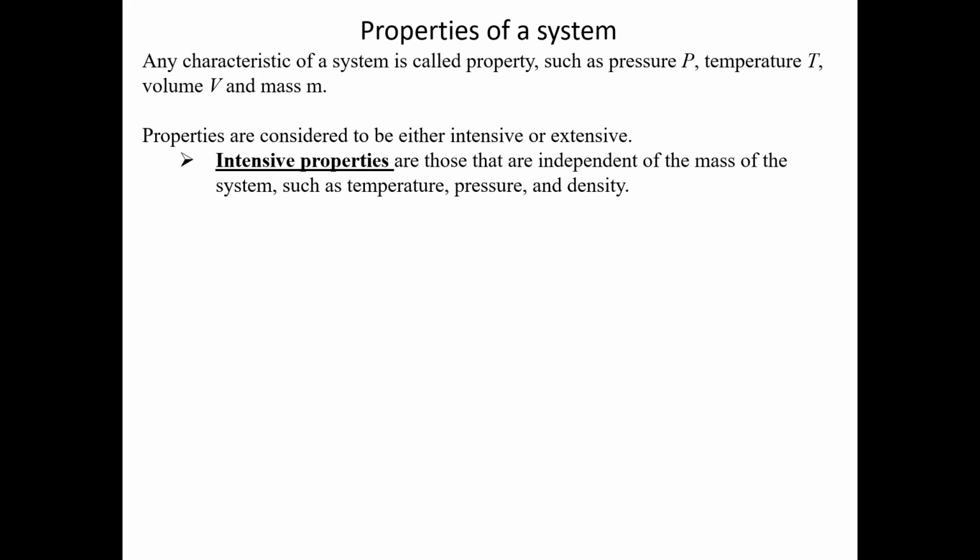So for example, if I have a room and I measure the temperature and pressure of the room, then if I take part of the room, so part of the mass of the room, and measure the temperature and pressure, I'll find the same temperature and pressure. So the mass doesn't affect the property. So we call this an intensive property, all right?